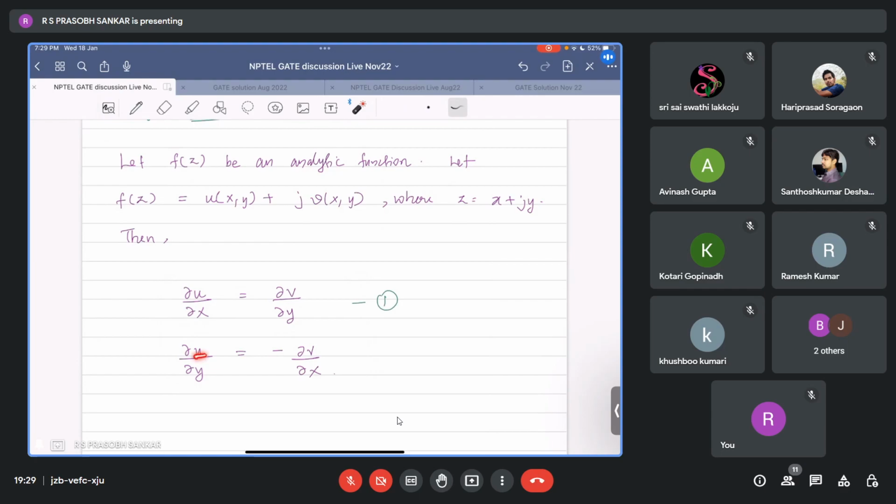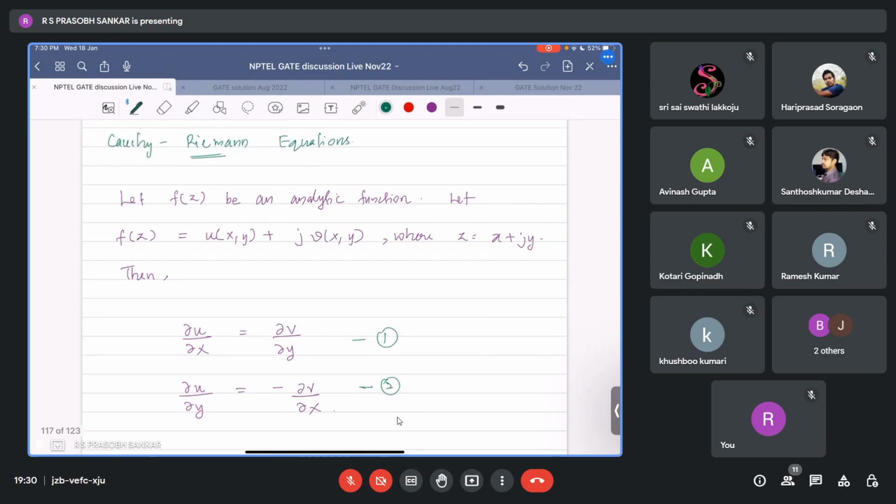The other one is that the partial derivative of the real part of the function with respect to y is the same as the negative of the partial derivative of the imaginary part of f with respect to x. So dou u by dou x is dou v by dou y, and dou u by dou y is minus dou v by dou x. These two equations together are known as the Cauchy-Riemann equations.